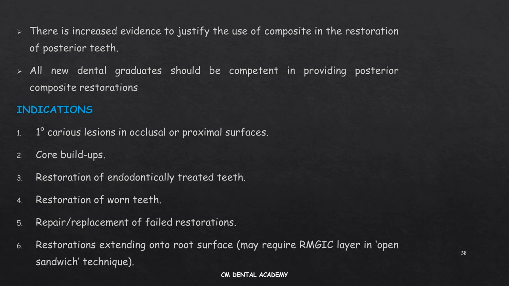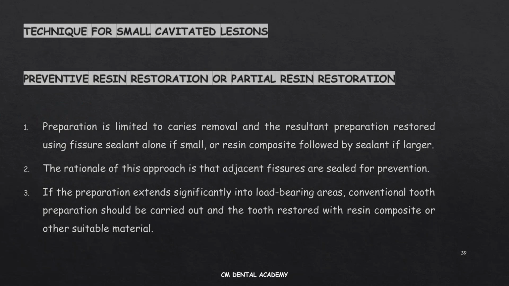All new dental graduates should be competent in providing posterior composite restorations, which are going to be the near future, and are already here. Indications are primary caries lesions in occlusal or proximal surfaces, core buildups, restoration of endodontically treated teeth, restoration of worn teeth, repair or replacement of failed restorations, and restorations extending onto the root surface, which require a resin modified glass ionomer cement layer in an open sandwich technique. So these are the indications for posterior composite resin restorations.